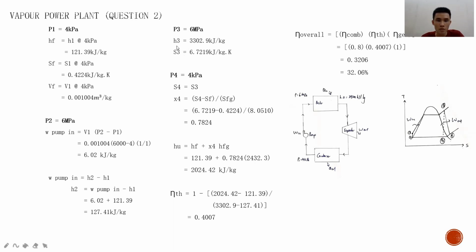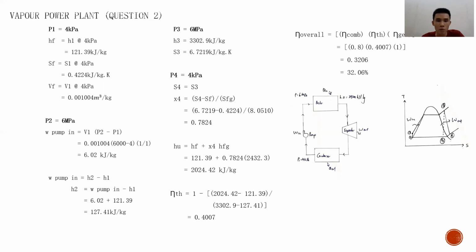The h3 and s3, the values we get from the thermodynamic table, which is 3,302.9 kJ per kg for the h3. For the s3 it is 6.7219 kJ per kg K. In the P4, the value of P4 is 4 kPa. The value of s4 equals s3.